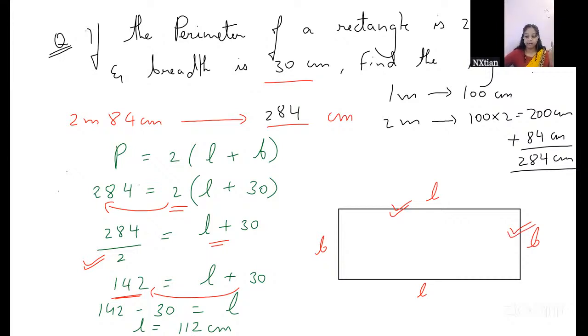Multiply that sum by 2, so we will get the measurement of this whole thing. Now you get it? Why is it 2 into length plus breadth, the perimeter? Yes, ma'am.